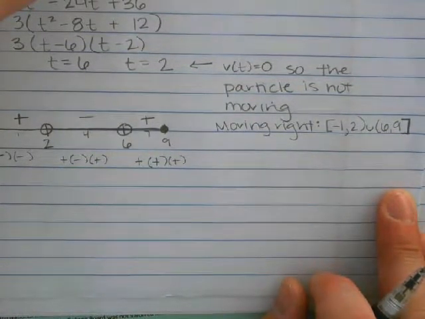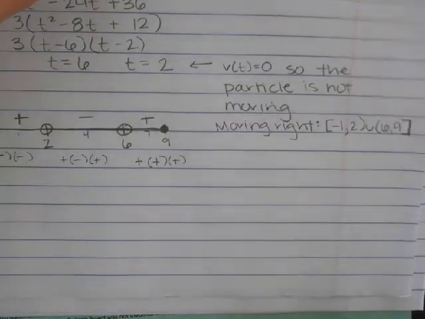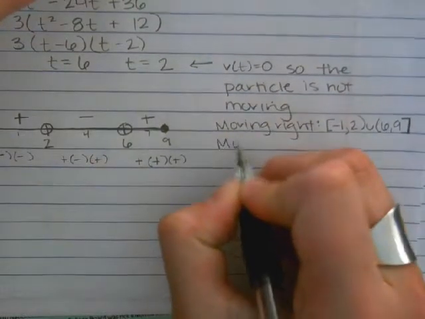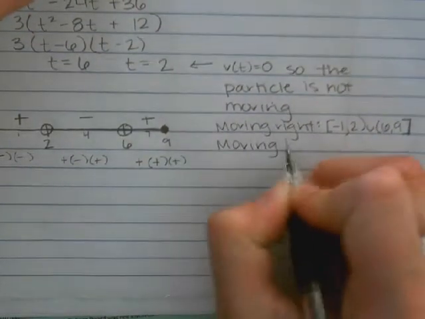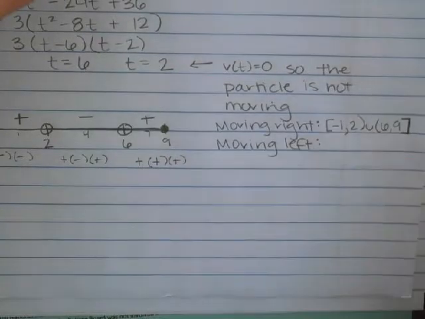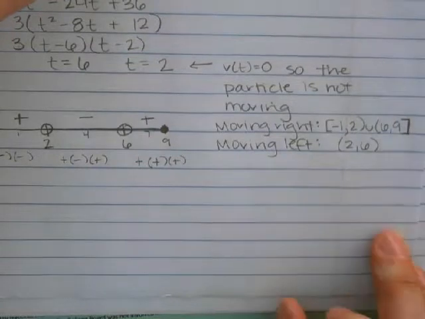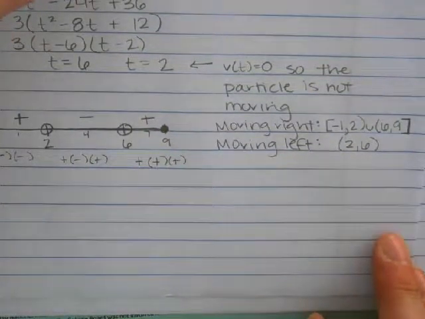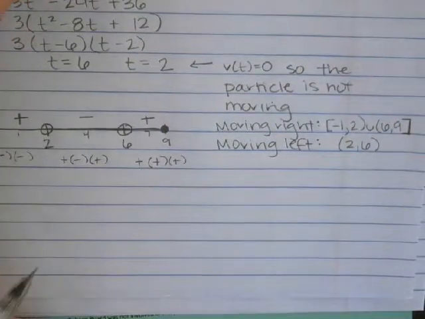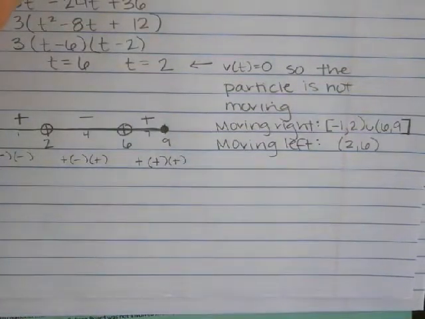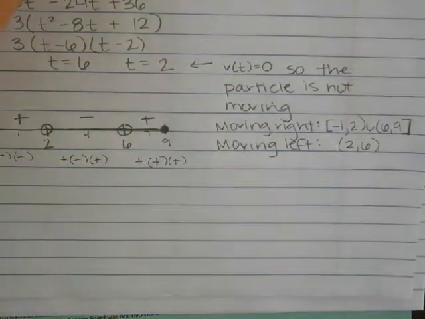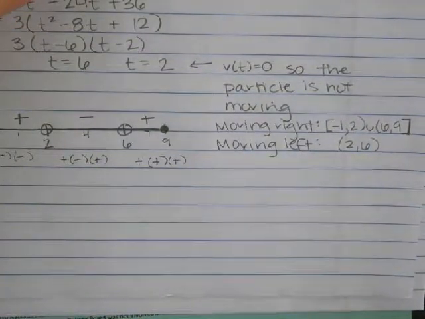That's where it paused because it was turning around to head back the other direction. All right, the particle was moving left from 2 to 6. These intervals were all the t values based on our time.